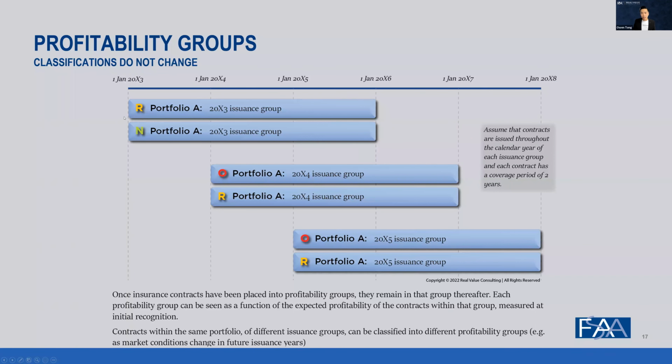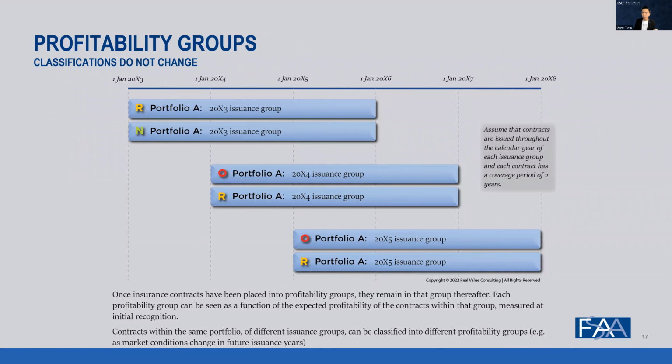In portfolio A, once these issuance groups, these contracts, have been sorted into the remaining contract bucket or the no significant possibility of becoming onerous bucket, they remain. And if you have a different year of contracts that you're sorting in the future, and we will go into issuance groups in a second, that gets tagged differently because your underwriting circumstances may have changed.